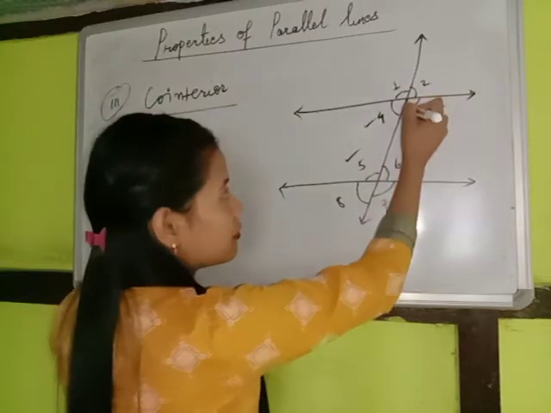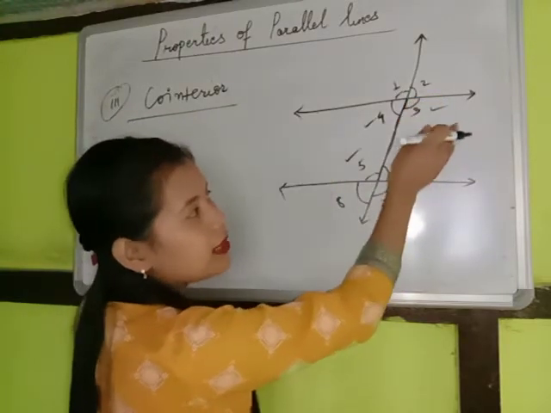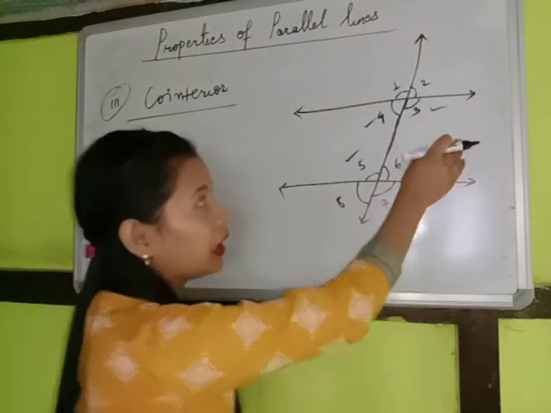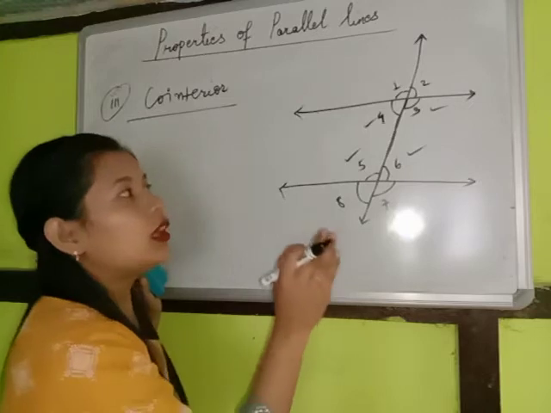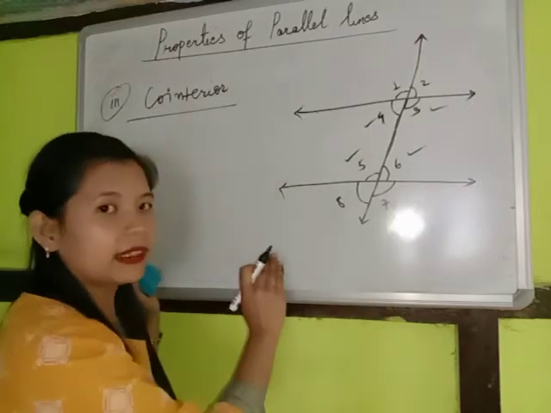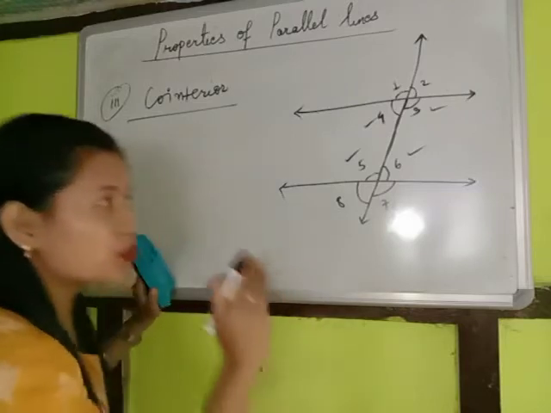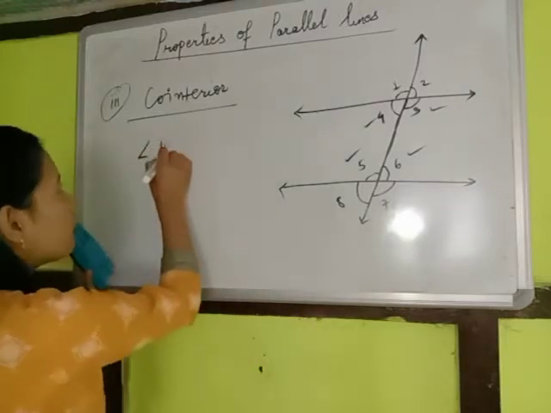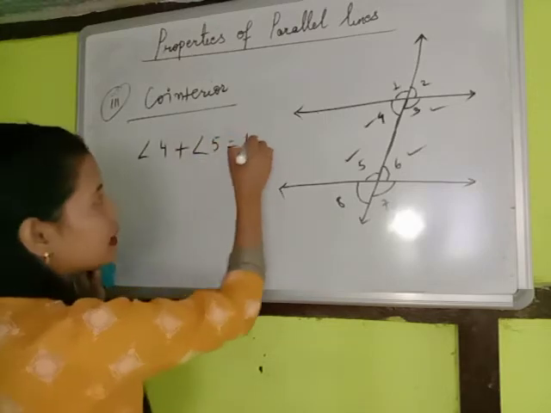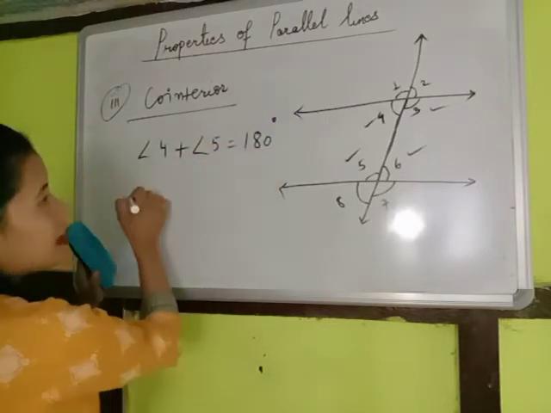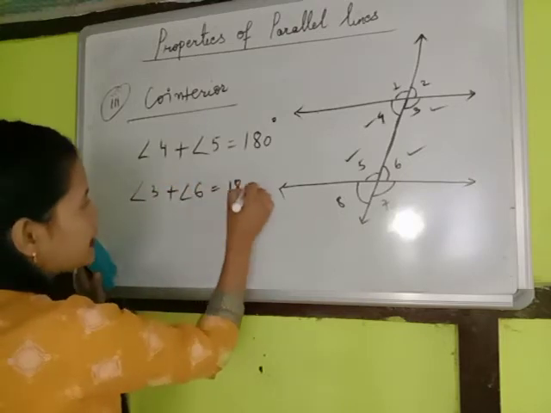This is the transversal, this is the left side and this is the right side. The sum of interior angles which lie on the same side of the transversal is always supplementary, meaning angle 4 plus angle 5 equals 180 degrees, and angle 3 plus angle 6 equals 180 degrees.